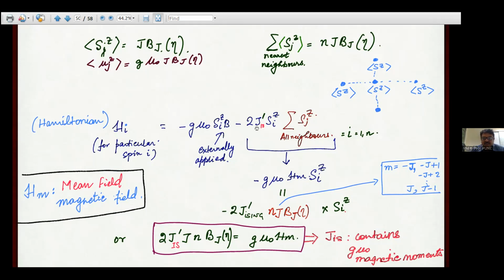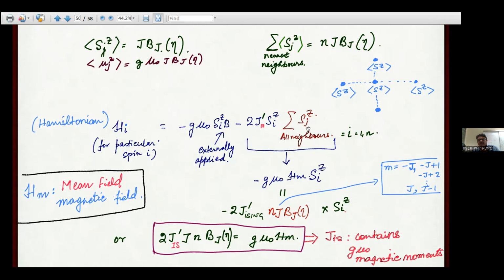Writing the Hamiltonian for a particular spin, the term is 2J Ising S_iz.